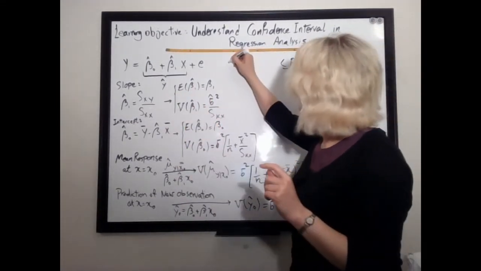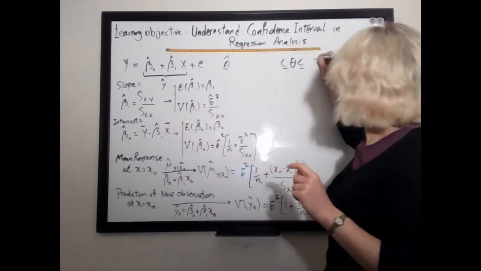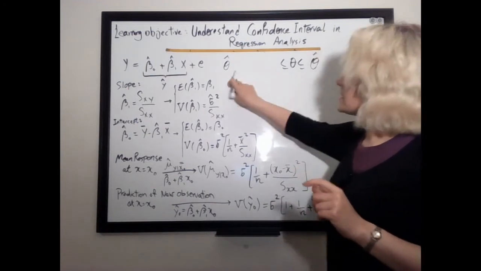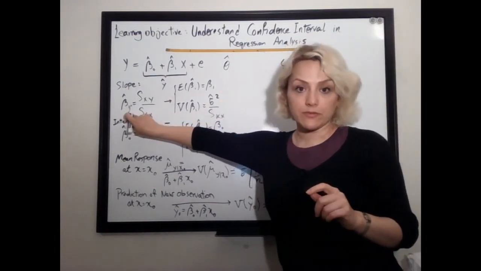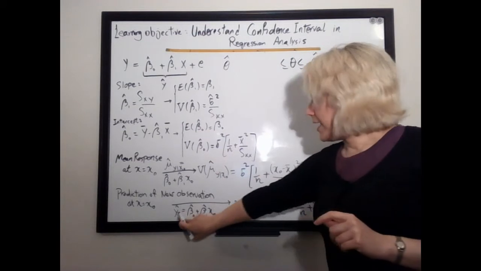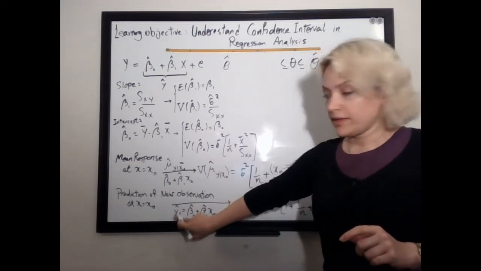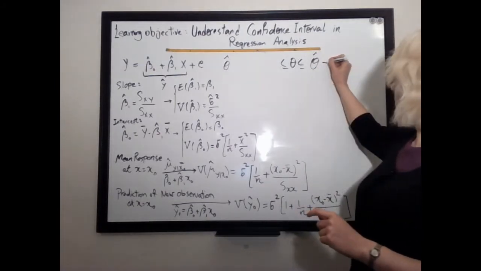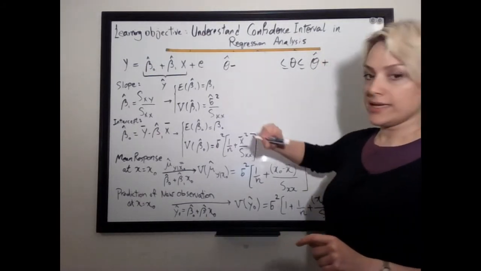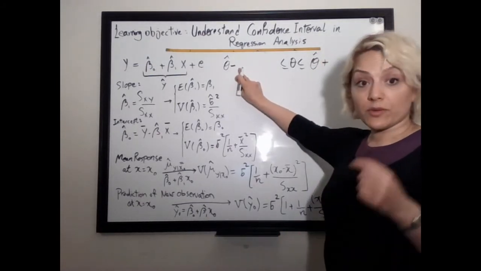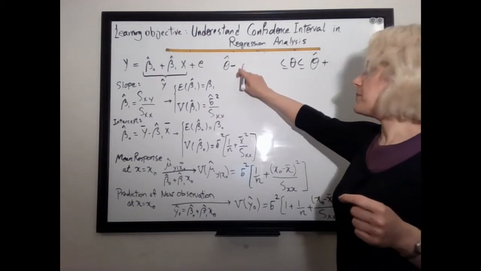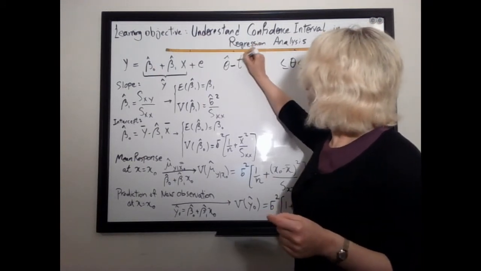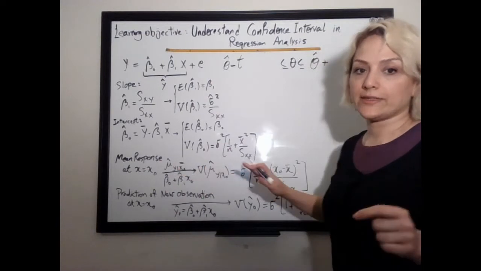So it's going to be theta estimate. This theta estimate is going to be beta 1 estimate, for example, or it's going to be y null estimate, any of these parameters that we have. Then plus minus, we are going to get something from the table. For all of these, we are going to get it from the T table.